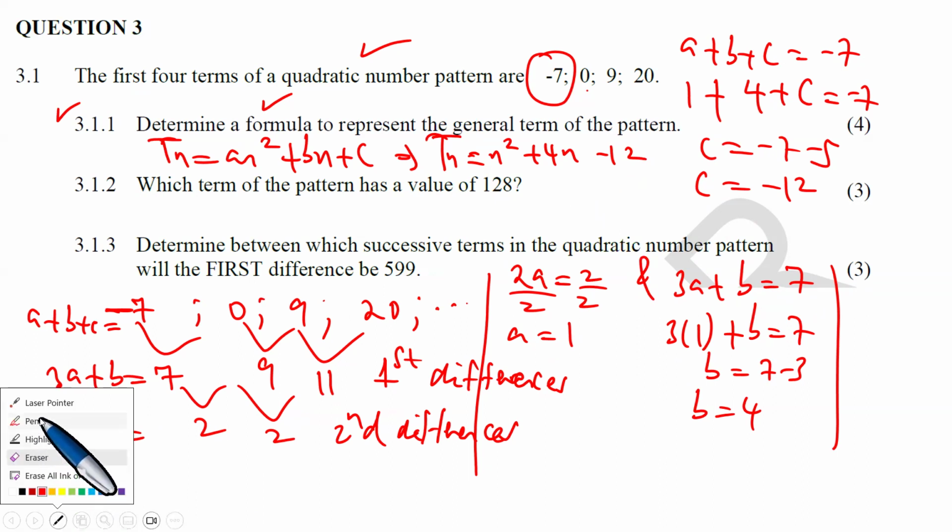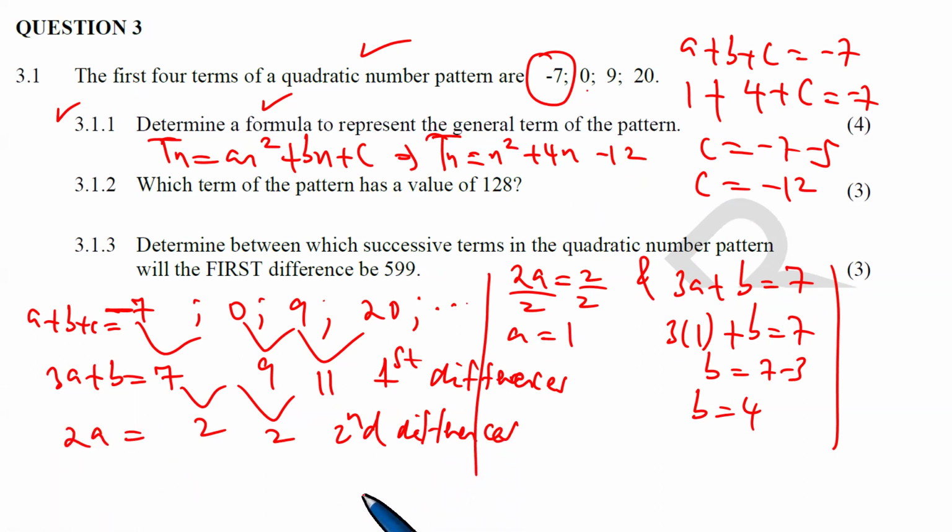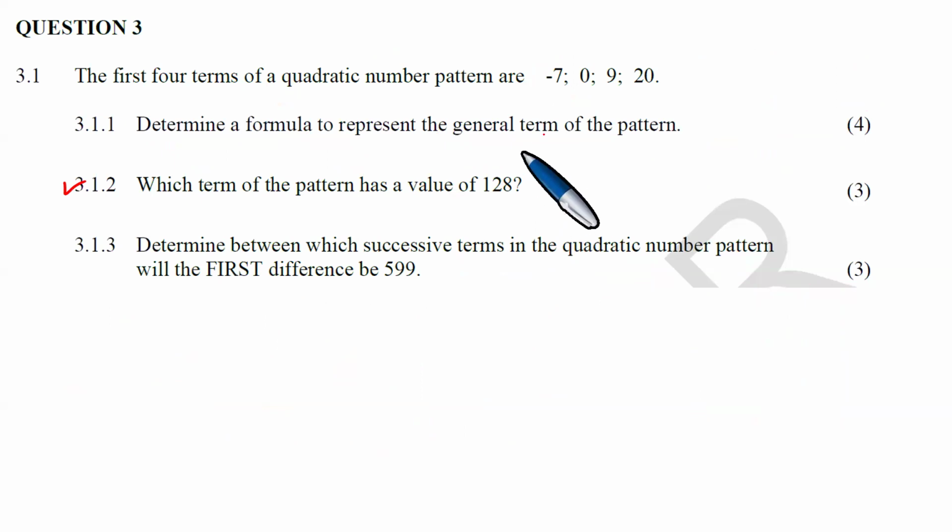Okay, we proceed right now to answer the next question. Which term of the pattern has a value of 128? We look at that one. At this point, we know very well that the general term is n squared plus 4n minus 12.